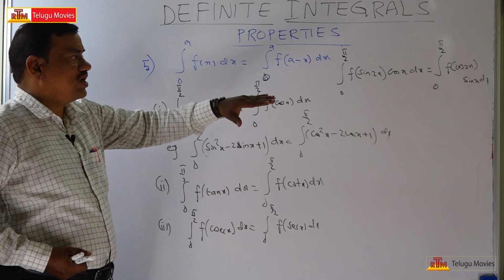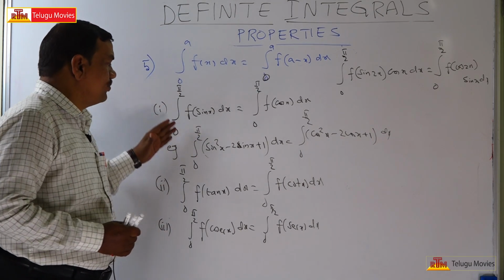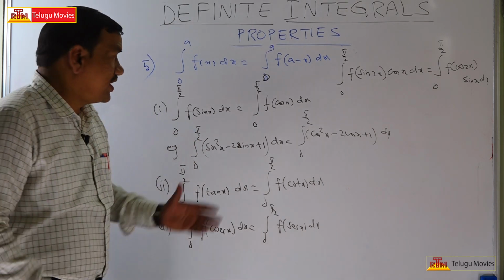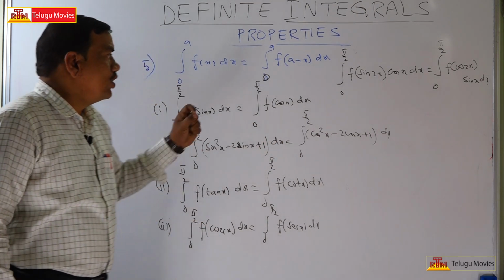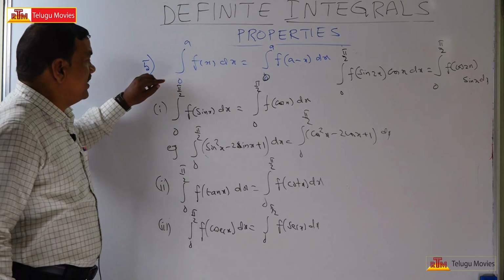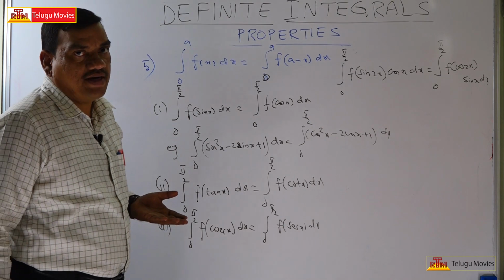Sin 2x will become cos 2x, cos x will become sin x, like that. Whenever you remember these results while doing the problems, you can convert from this form to this form. Okay? Right. I hope that you understand this property. So let us see one more property. If it is 0 to a, no, if it is a to b, let us see what happens.